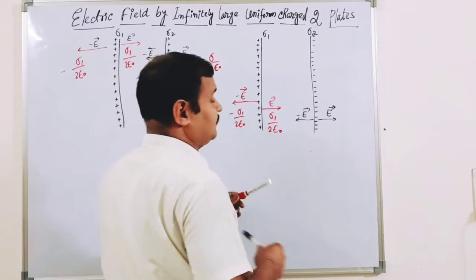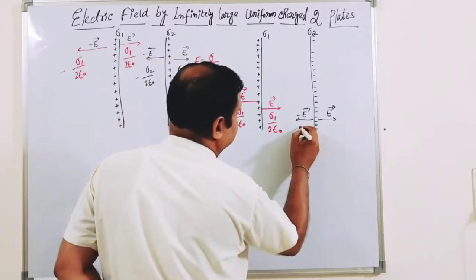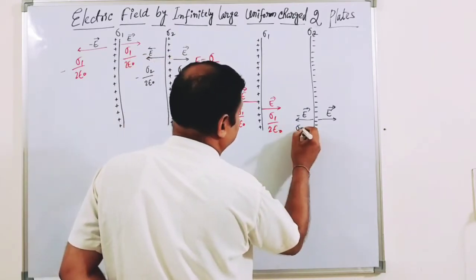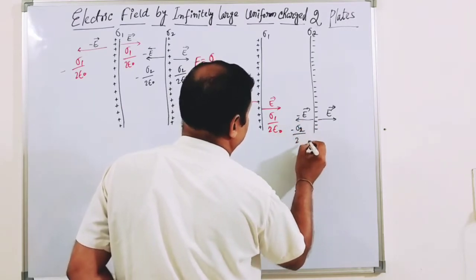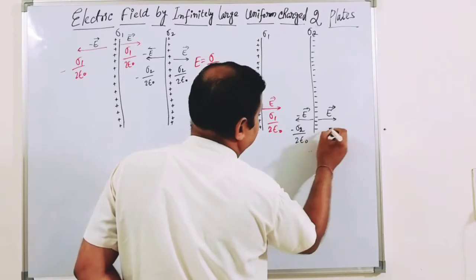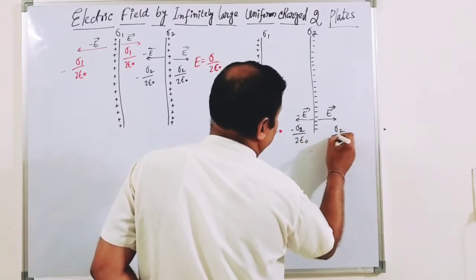Similarly for this plate, minus sigma 2 by 2 epsilon naught, and this is plus sigma 2 by 2 epsilon naught.